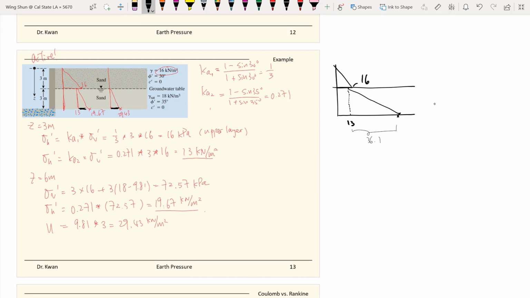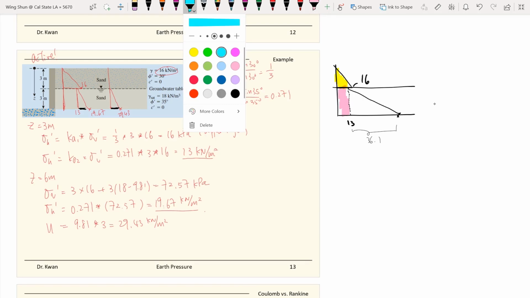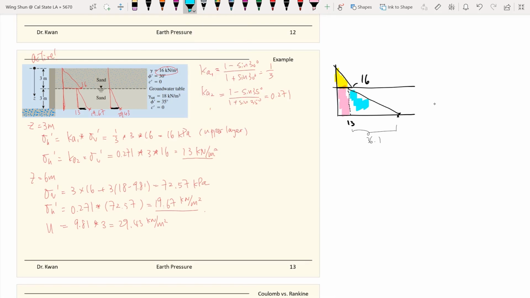So we have kind of three areas now to work on. This will be area 1, area 2, and area 3. Kind of like three forces that we summarize.